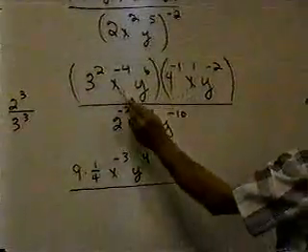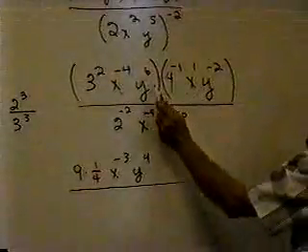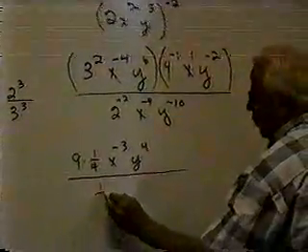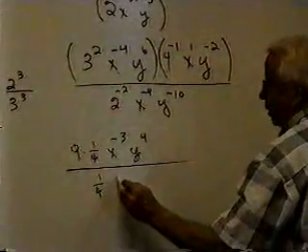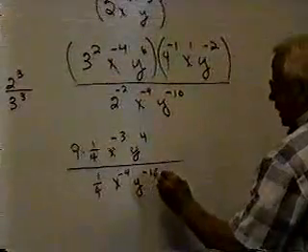Multiplying this x times that x, add powers, y times a y, add powers. Okay. On the bottom I have 1 over 4, okay, x to the minus 4, y to the minus 10.